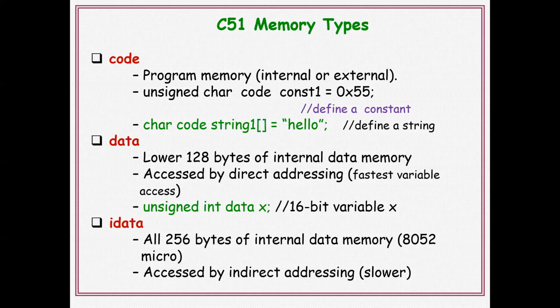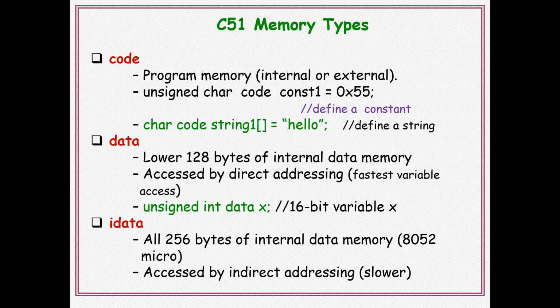We know that 0x indicates hexadecimal representation in embedded C. One more example: how to define a string? char code string1 equal to "hello". The double quotations indicate a string.